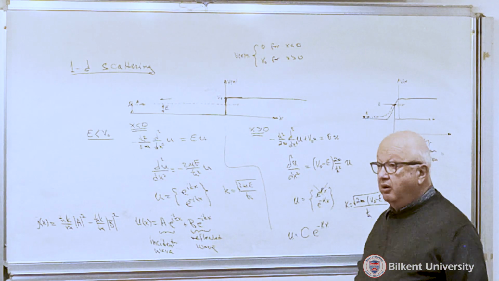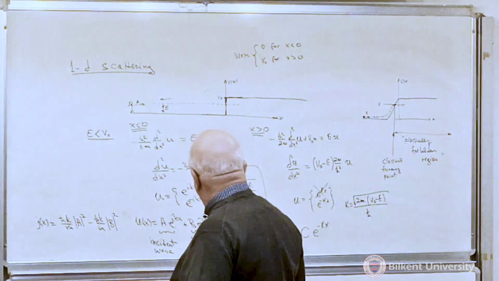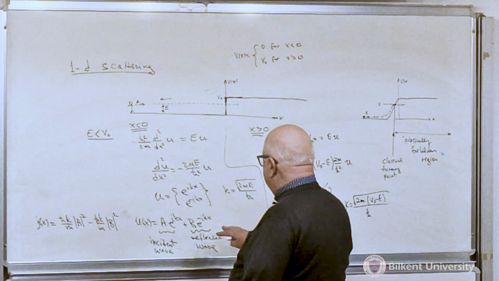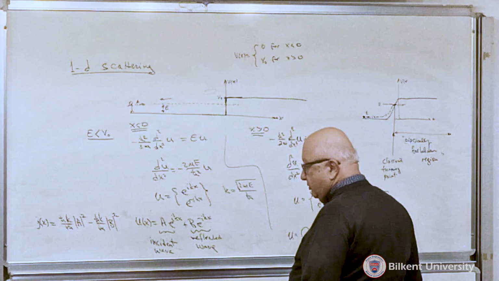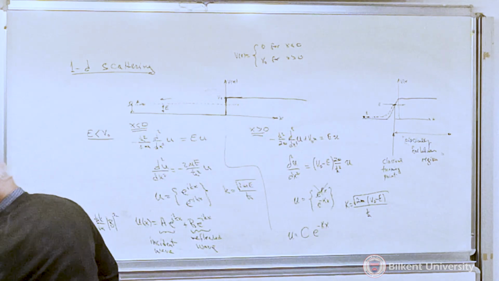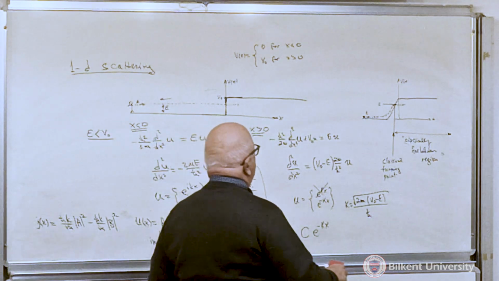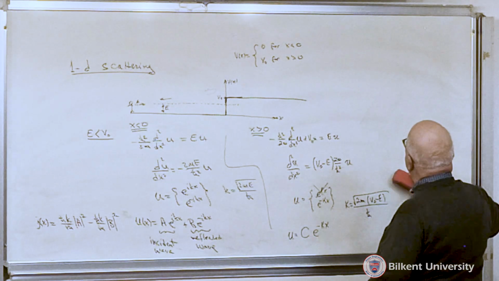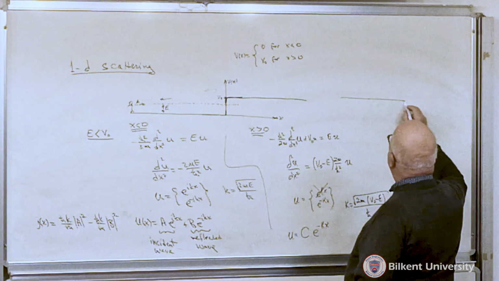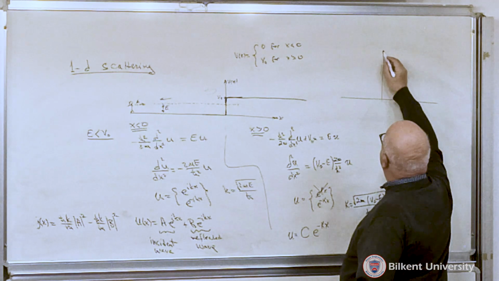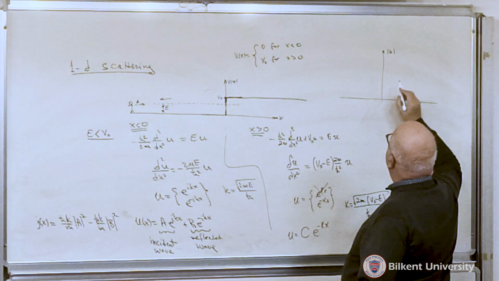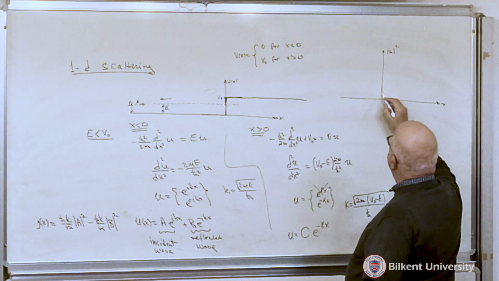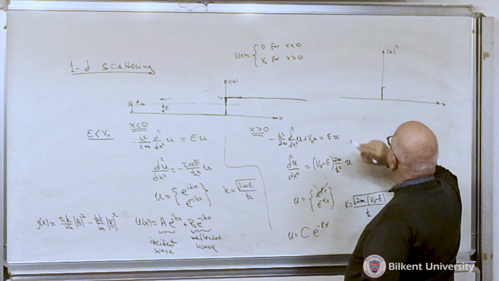Can you again explain why e to the kx is not a solution? So what type of wave function would I end up with if I allowed it? If I look at the magnitude squared of u as a function of x, this is where I have the barrier.